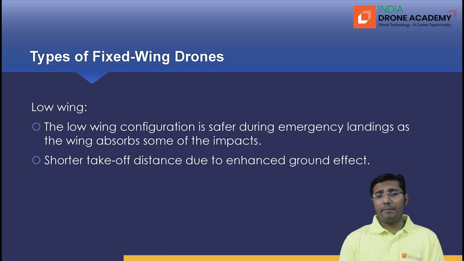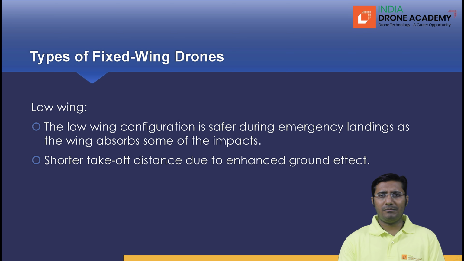When the airplane flies near the ground, when it is about to take off or about to land, and the ground is just below the wing, if wings are close to the ground, then this ground effect is active, and it helps the aircraft to develop a very high amount of lift. And because low wings are close to the ground, ground effect is more active in this configuration, and therefore more lift during takeoff or landing.